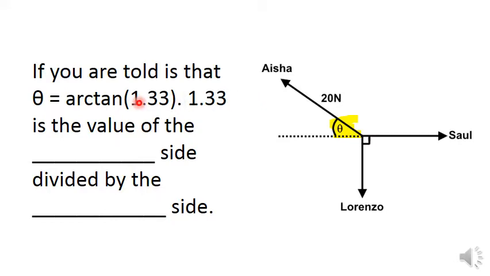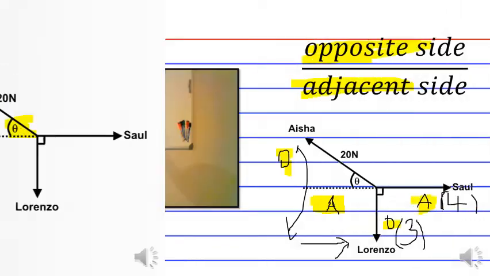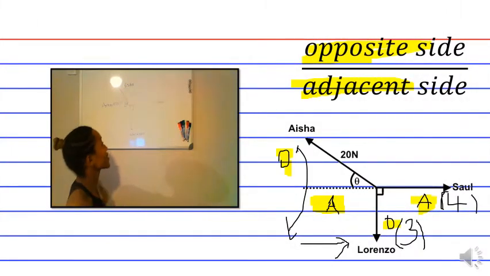If you are told that theta equals the arctan of 1.33, 1.33 is the value of the blank side divided by the blank side. So take a moment to think, and what's the answer? Okay, it would be the opposite side over the adjacent side.